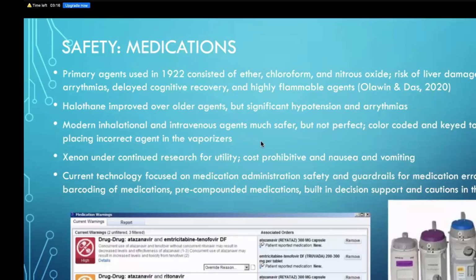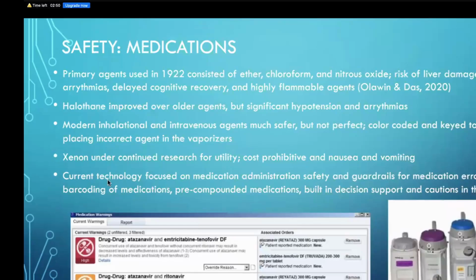We mostly use inhalational agents, volatile anesthetics that go into the breathing circuit and keep the patient asleep for the case. And we also give IV medicine to get them off to sleep. And sometimes we do an anesthetic just giving medicine through the IV the whole time. It just depends what we're doing and why we're doing it. There are many options nowadays, but the safety profile of these medications is much, much better than it used to be.